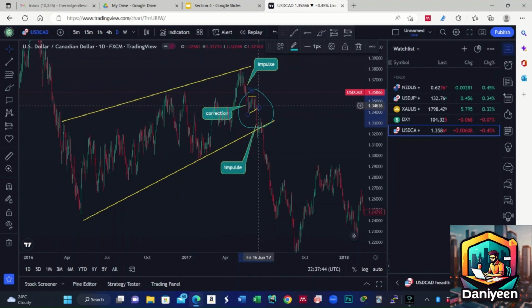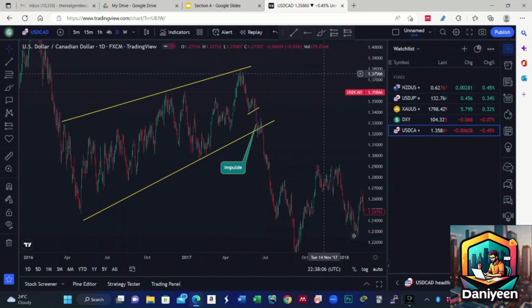And in the correction there, we are going to see some impulse, correction, impulse too if we go to the 1-hour time frame. So that is how it goes till we reach the lowest time frame. I hope you are getting it now. So this is telling us that the market is always in a state of impulse and correction, no matter the time frame you are on.